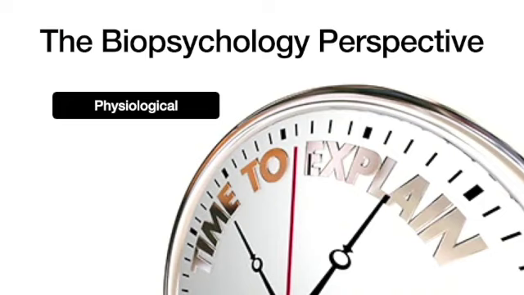And we can explain behavior simply by describing neuron transmissions, structures in the brain and how they communicate with each other, electrical activity in the brain, blood flow activity in the brain for particular areas. And the physiological explanation is where all of the study that involved brain imaging is going on right now.